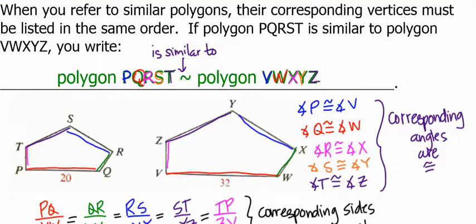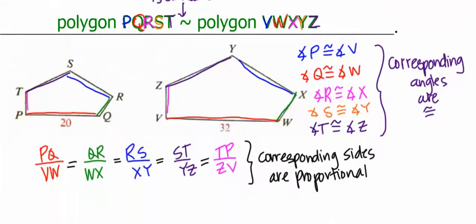So PQ is 20. It corresponds to VW, which is 32. All of these fractions will equal 20 over 32 in its simplest form.